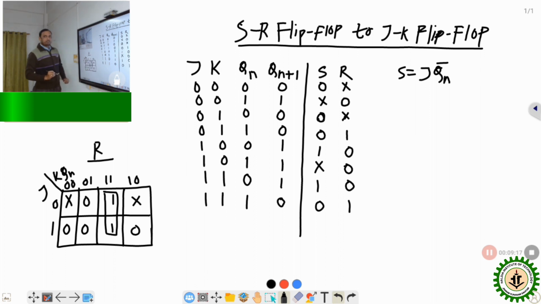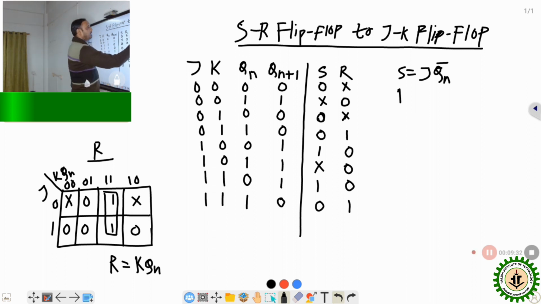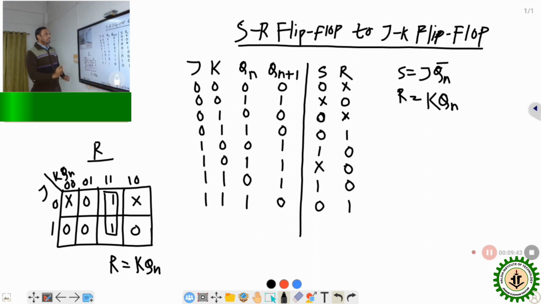We can make this pairing. Now the R value will be K Qn, so R will be K Qn. Now we have to draw the circuit.